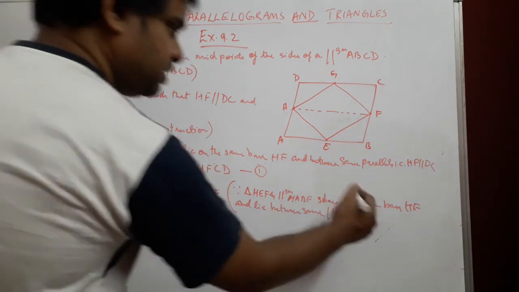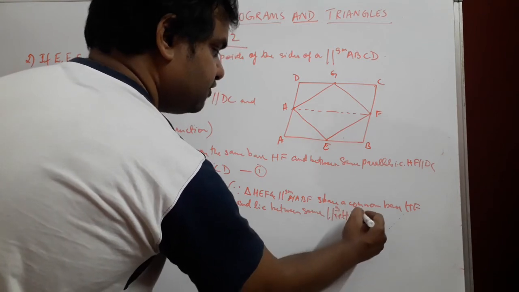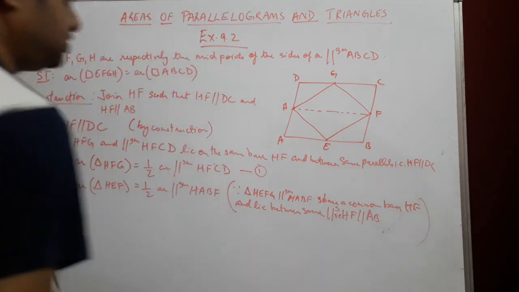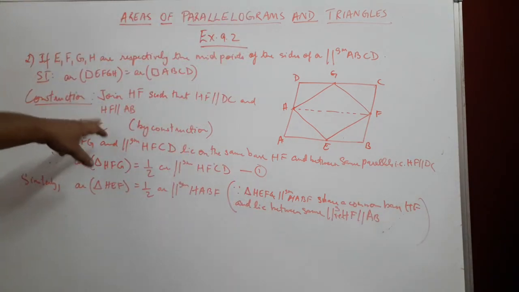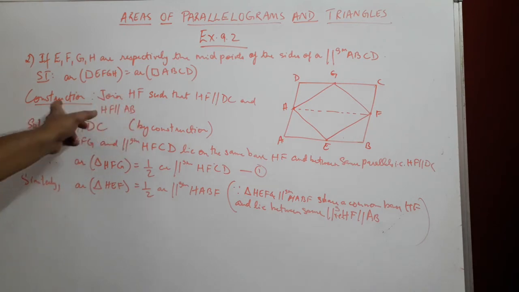And which are those parallels? HF parallel to AB, and that is by our construction. So you see the relationship: when a triangle and a parallelogram share a common base and lie between the same parallels, the area of the triangle is always half of the area of the parallelogram.